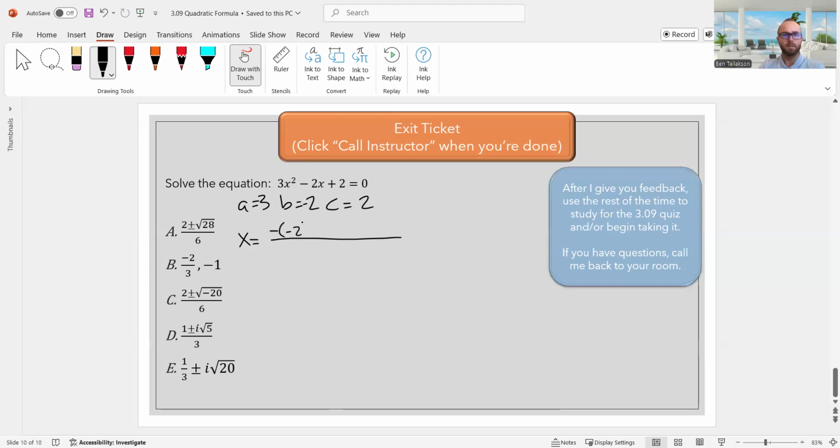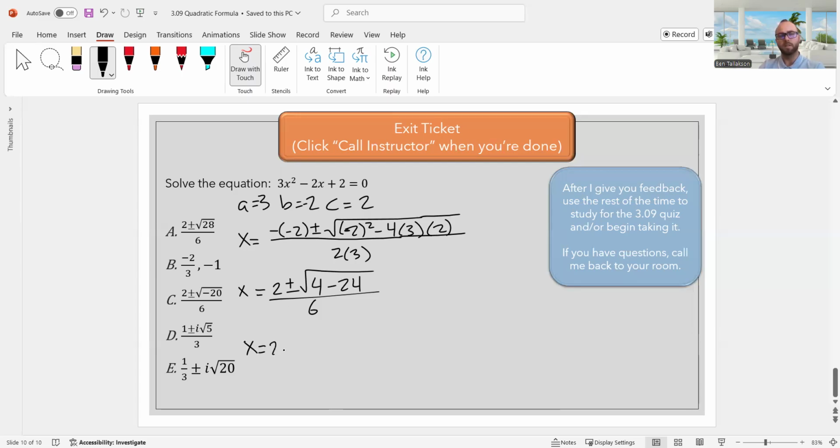Negative b plus or minus square root of b squared minus 4ac all over 2a. Now let's keep going. Here we go. Negative times negative. 2 times 3 plus or minus. Now, what do you get? Negative 2 squared, 4. What do you get with the rest? Negative 24.